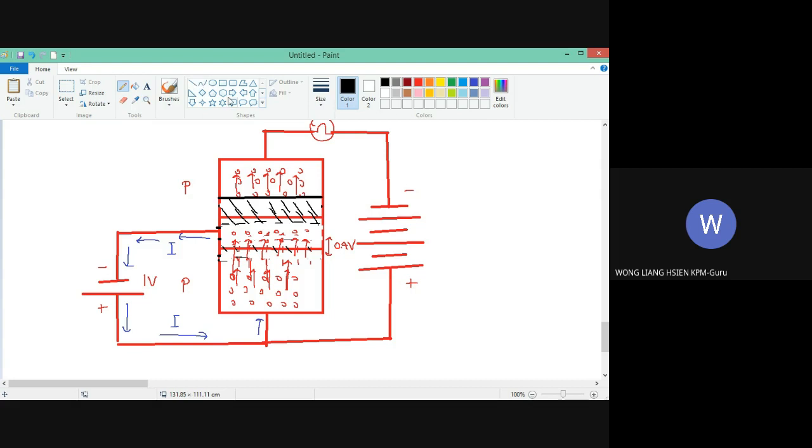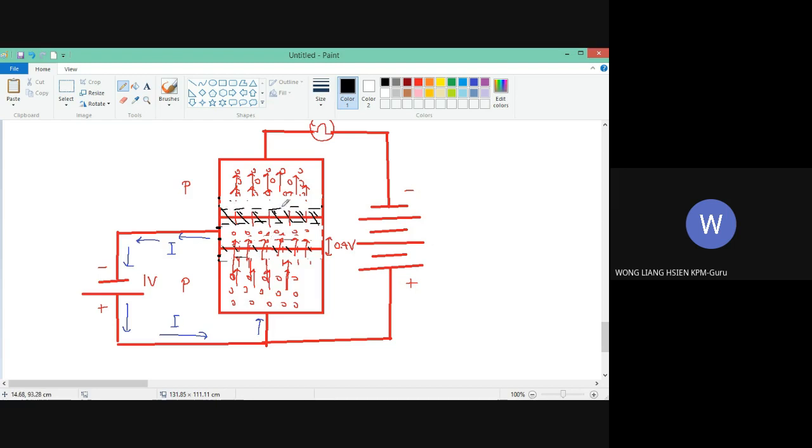And then some of the holes can be attracted by the negative terminal here. So some of the holes can pass through the depletion layer here. So then this depletion layer also becomes narrow because charge carriers start to appear all over this side.